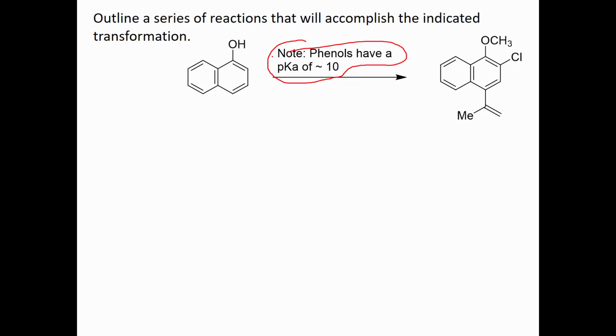pKa of about 10. We don't really cover how to turn an alcohol into the corresponding ether until a later chapter, but what you can see here is that if the pKa is 10 and we treat it with sodium hydroxide, we would actually get a deprotonation reaction that would give us an alkoxide, and that would do an SN2 reaction.